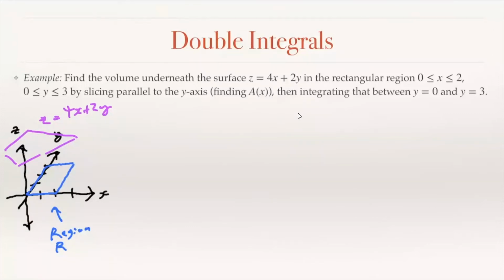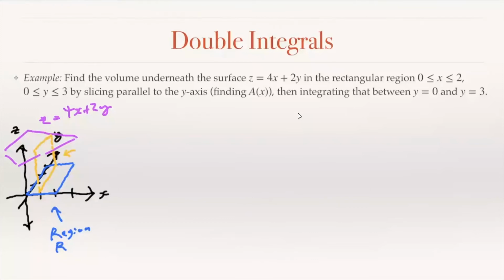And it tells us that we specifically want to do it, in this case, by slicing parallel to the y-axis. So let's visualize that. Here's the y-axis, and parallel to the y-axis would be like this for the base of one of our slices, and then our slice would go up to our surface up here.